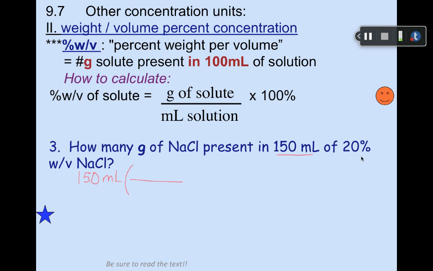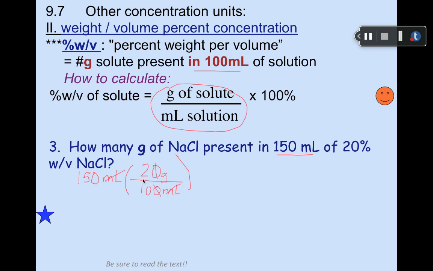Then recognize what the conversion factor has to be with the 20%. It's grams of solute per 100 milliliters of solution. So we'll put the 20 grams on top, 100 milliliters on the bottom, and the milliliters cancel, and you get grams.